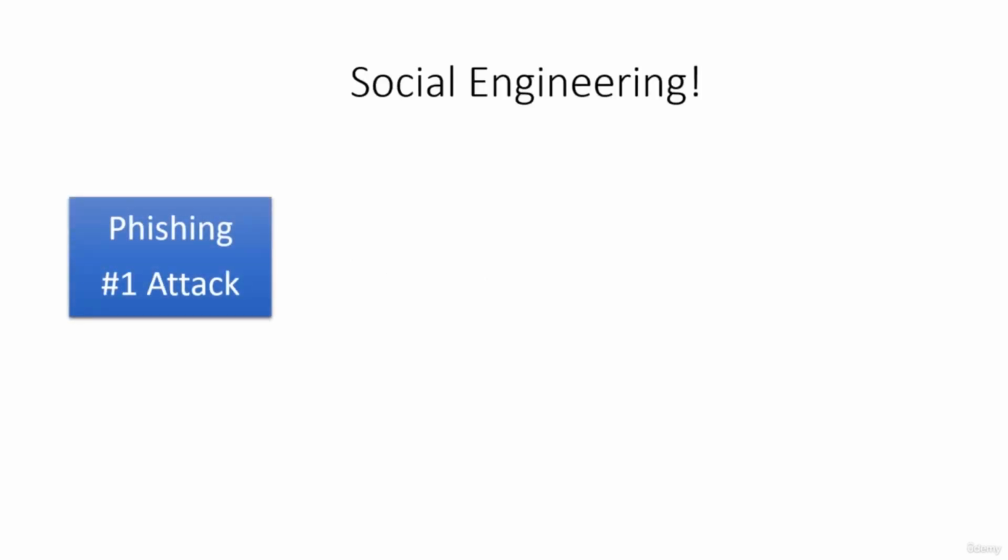The number one type of online social engineering attack is phishing, because it's the most prevalent and one of the most engaging. This is phishing with a "ph". It's the number one attack because it's so easy to do with so many people.